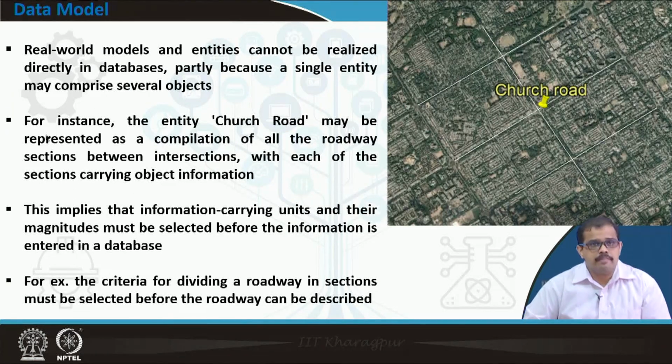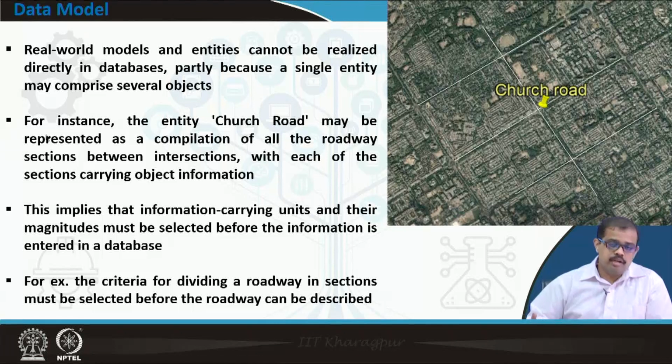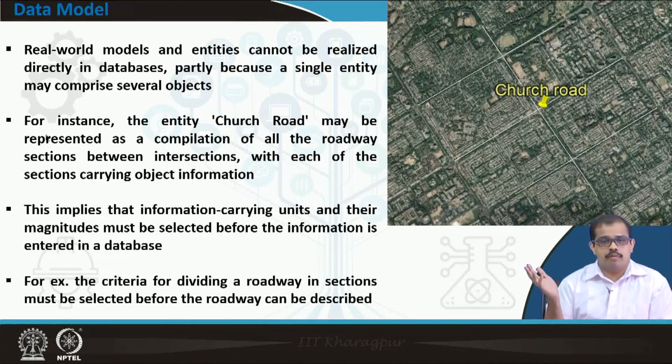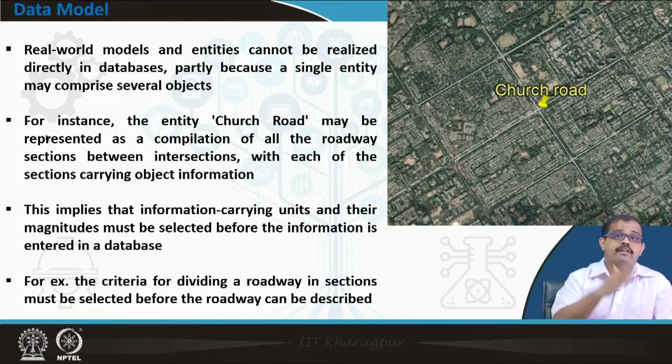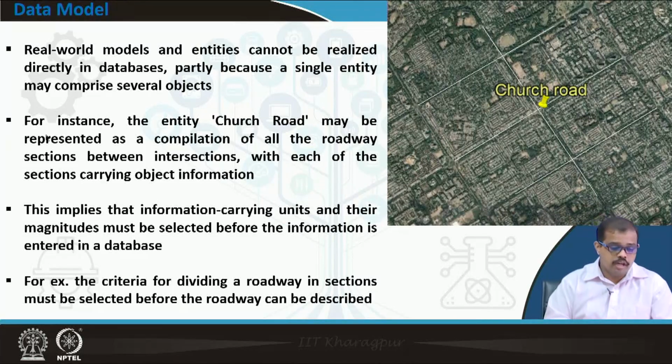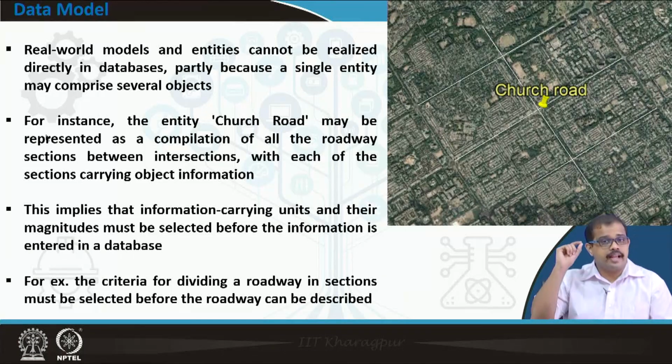So when we are representing the real world, now let's go back to the model, the real world to the digital world model. When we are representing real world models, entities normally cannot be easily put into the data model, because each is a single entity but may have several objects, several hundreds, thousands, lakhs of objects. So representing that is extremely difficult.